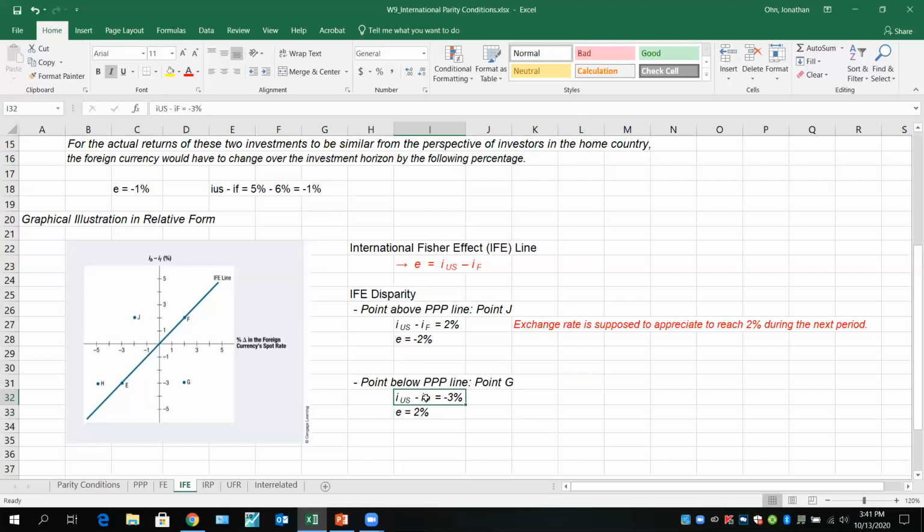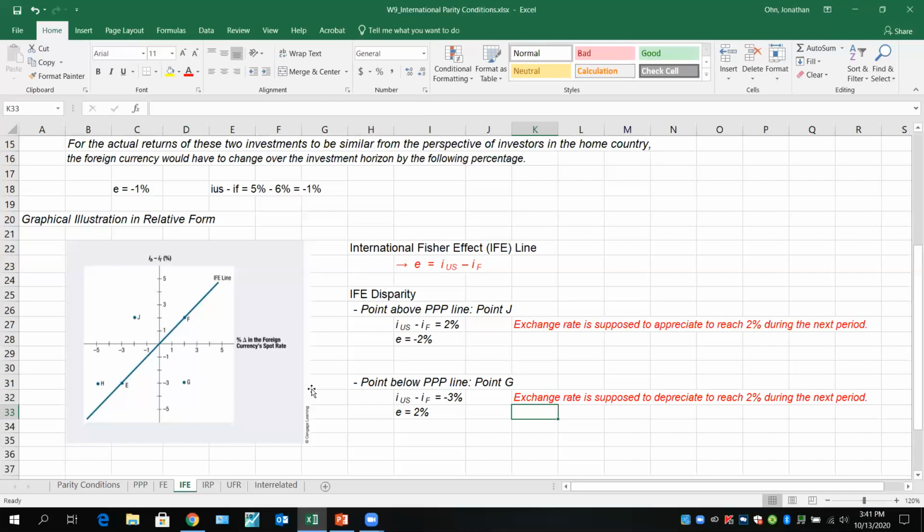This one is way over the relative interest rate. So what's going to happen is this time it will continue to depreciate.